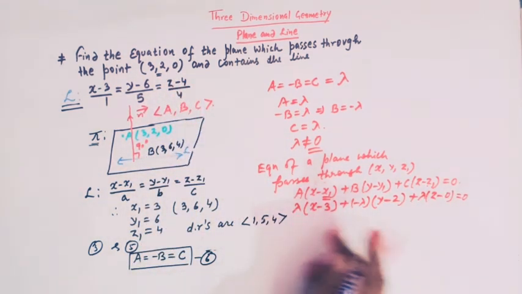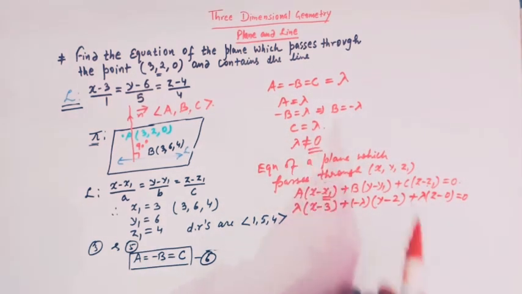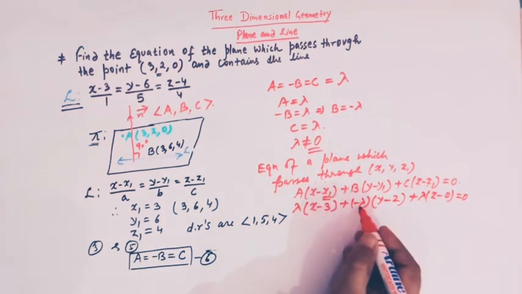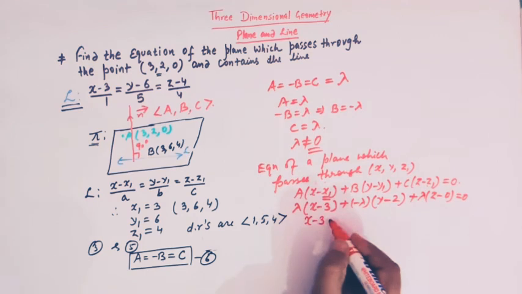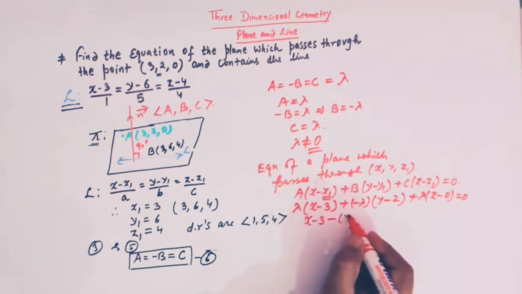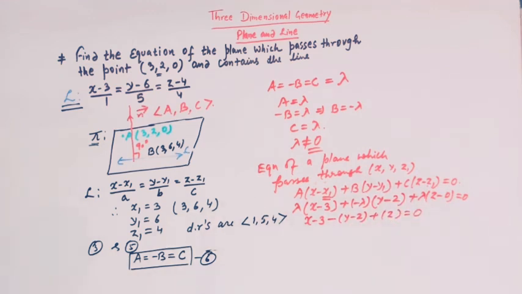Now dividing throughout by lambda, as we have said earlier that lambda is not equal to 0, so now lambda has disappeared, so we have x minus 3 minus y minus 2 plus z equal to 0, right?